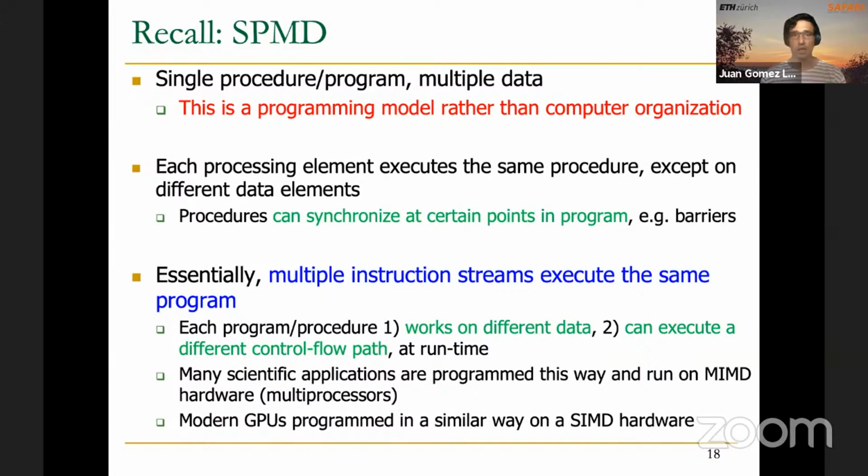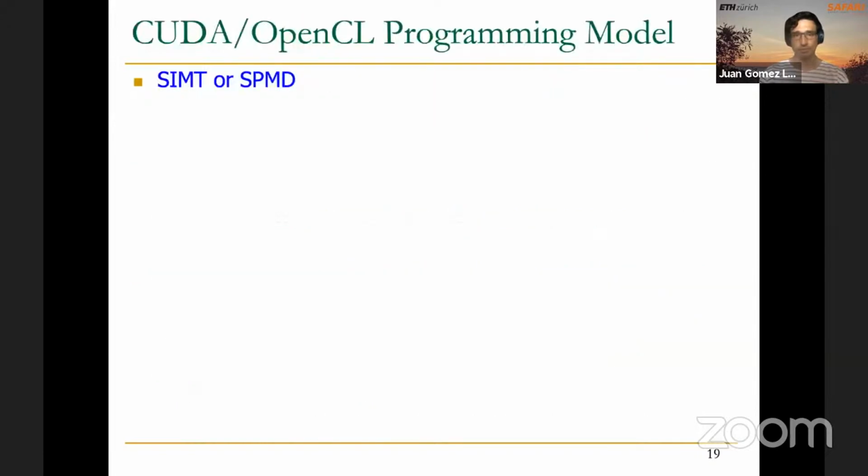But as I said, we will talk about them in our next lecture. And essentially what we have is multiple instruction streams executing the same program. But each of these threads work on different data and can execute different control flow paths. As we saw in the previous lecture, divergence was possible thanks to the use of predication and masks that allow these different control flow paths.